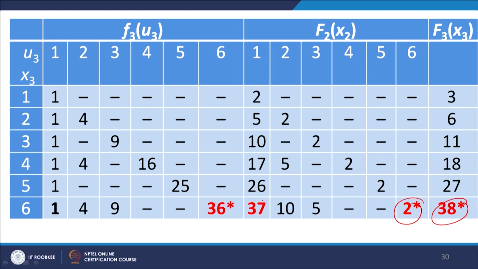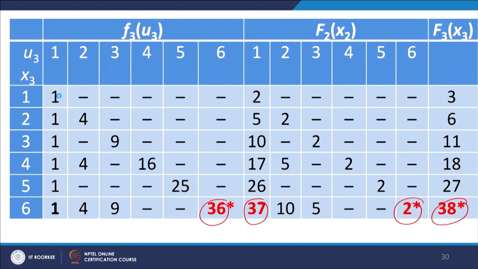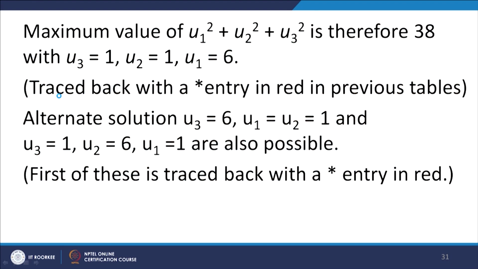So, this is the place from where they have come. They are shown in the red entries over here, moving backwards, and corresponding to these red entries, we can say that u3 is equal to 1, u2 is equal to 1 and u1 is equal to 6.